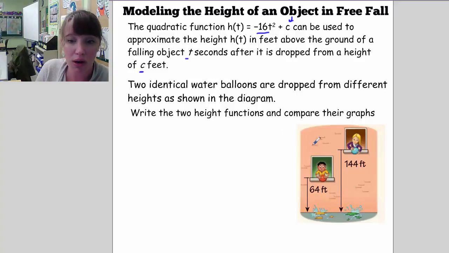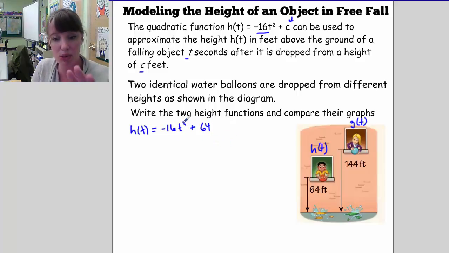So this guy's function, let's call it h of t, or height according to t, and for the sake of differentiation, let's call hers g of t. So h of t is going to be -16t squared, because that's how fast it falls, and it started out from 64 feet.